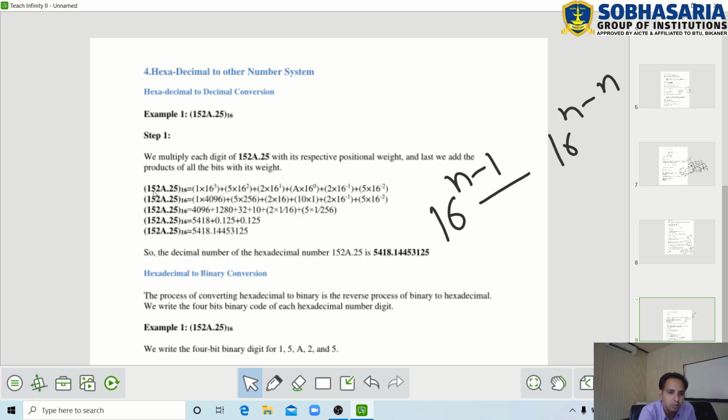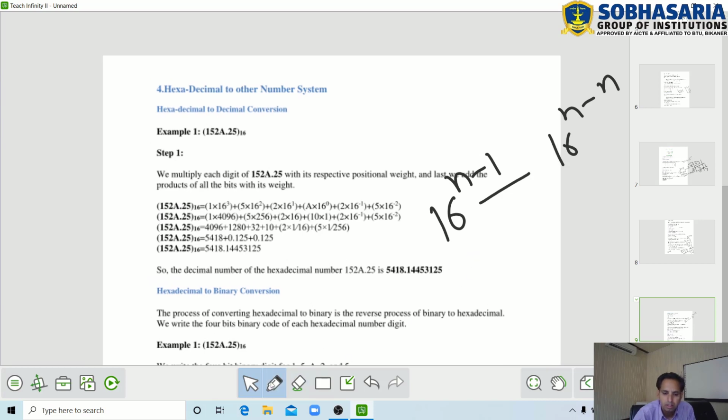Here digits are 1, 2, 3, 4, so 16 power 4 minus 1, that means 16 power 3. 1 is multiplied by 16 power 3, plus 5 is multiplied by 16 power 2. Similarly 2 is multiplied by 16 power 1, and A is multiplied by 16 power 0.